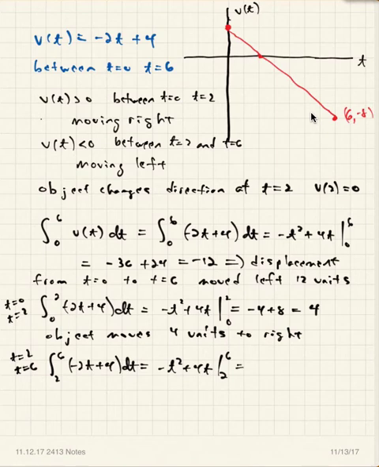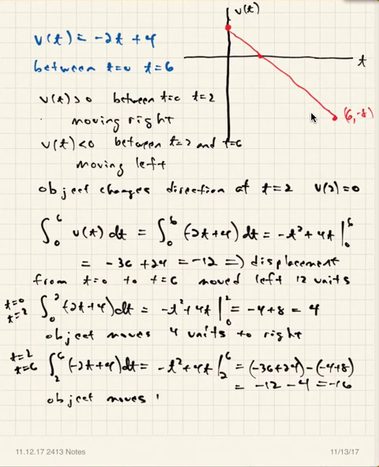At the upper limit, you get negative 36 plus 24, minus at the lower limit, negative 4 plus 8. That gives negative 12 minus 4, or negative 16. So the object moves 16 units to the left in that interval.